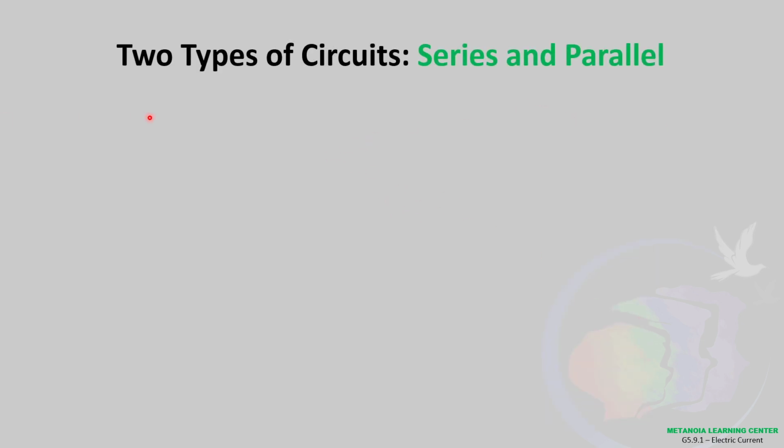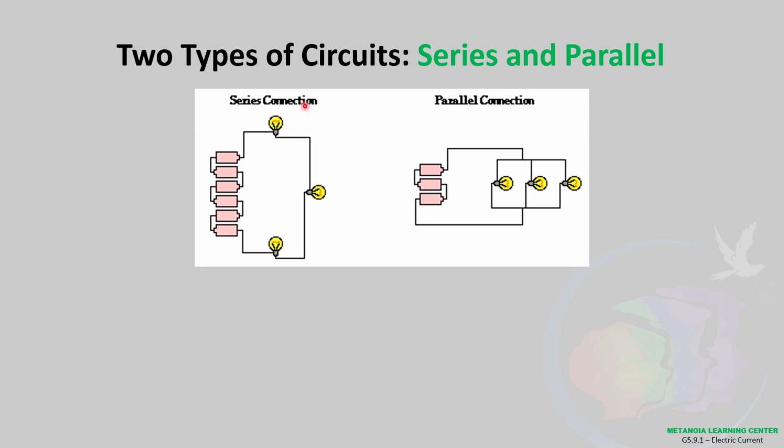So, two types of circuits. We have the series and parallel. So, what's the difference between the two? So, series connection, by simply looking at both, no? Series circuit and the parallel circuit. Okay. Ano yung nanonotice nyo? If you notice for our series, parang continuous siya.